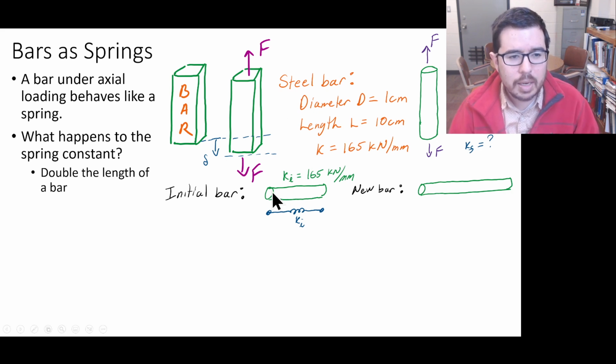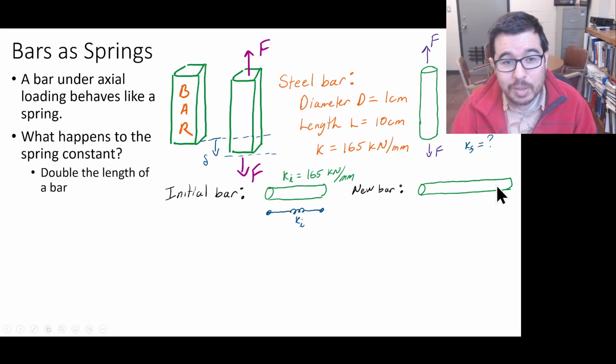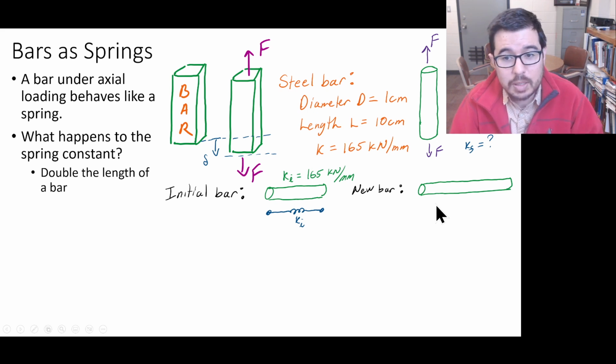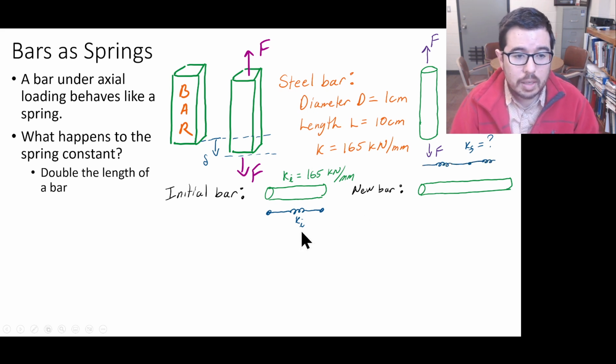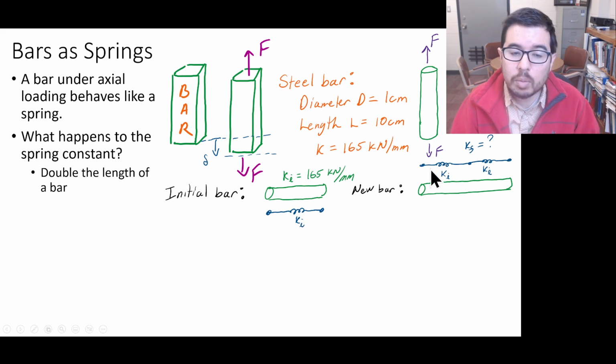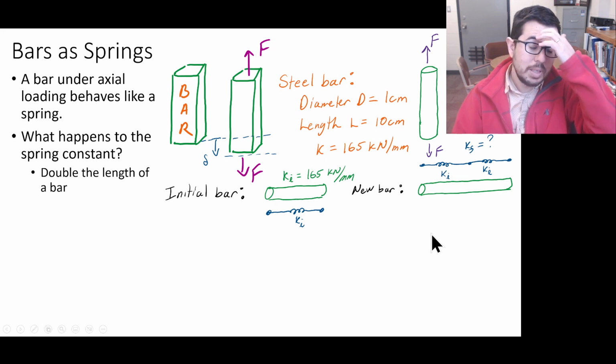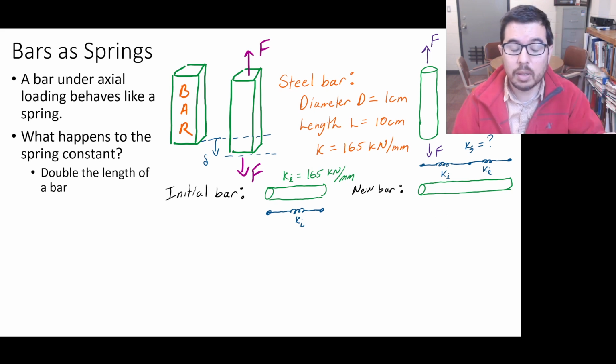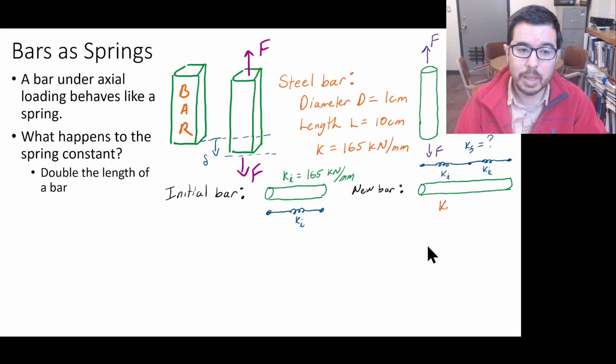Before we get to that number, though, we might think, well, look, I've got one bar here, and I've got another bar next to it. It's like putting two springs in series with each other. So we take this Ki, or the initial spring constant, and we put them in series with each other. And if we put them in series with each other, we can calculate what the effective spring coefficient is going to be.